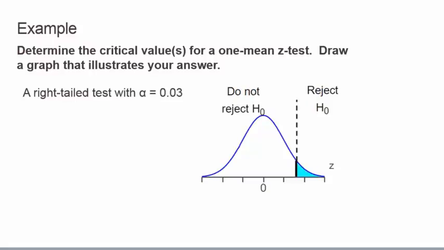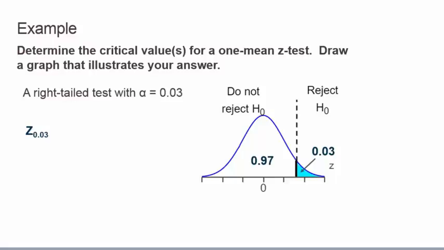Drawing this to match our data set, my shaded region is 0.03, which means my non-shaded region is 0.97. So my rejection region is 0.03 and my non-rejection region is 0.97.